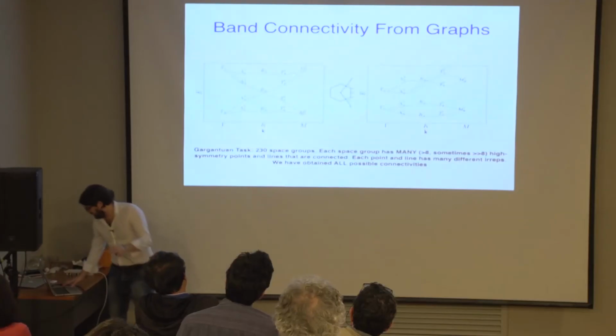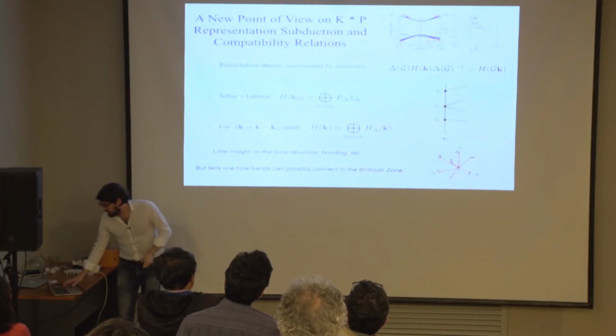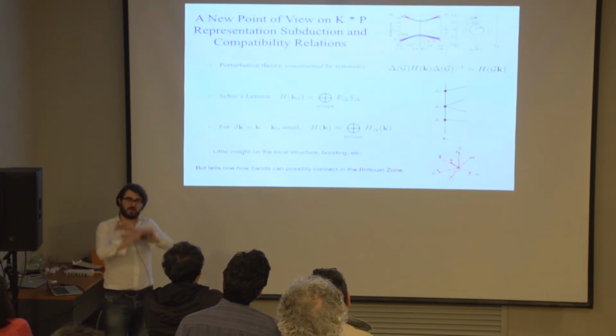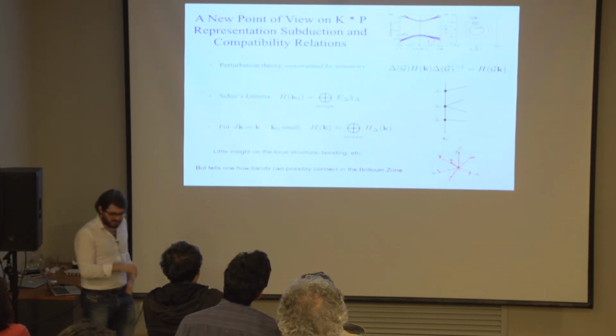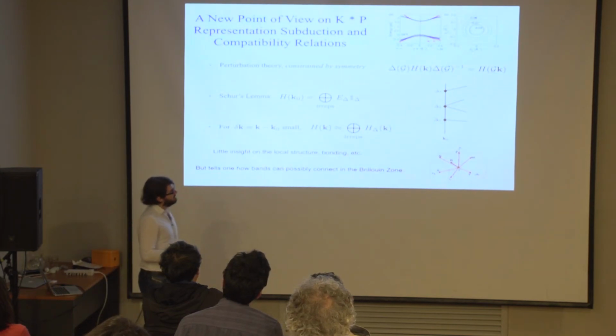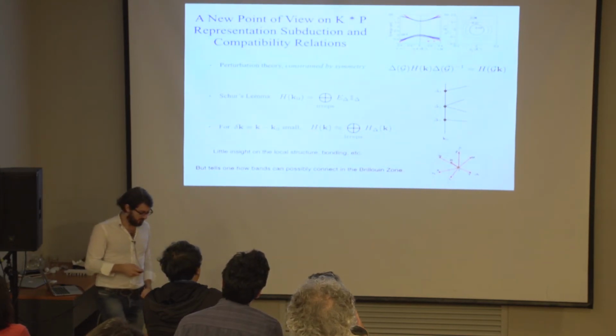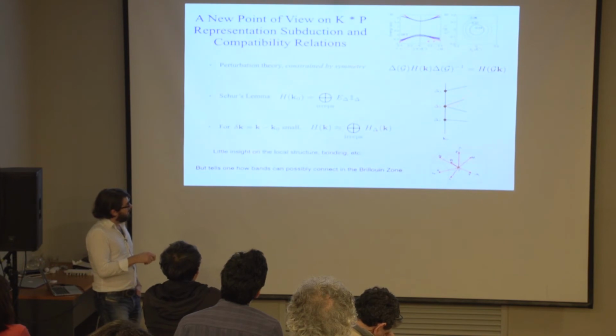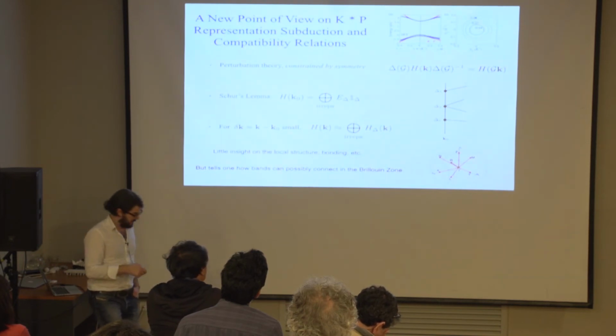Okay, thank you. Yes. Okay, so how do I find the connectivity of bands? So forget about elementary band representations now, just connectivity of bands. And that's a momentum space problem that you can solve neatly by reinterpreting k.p theory.